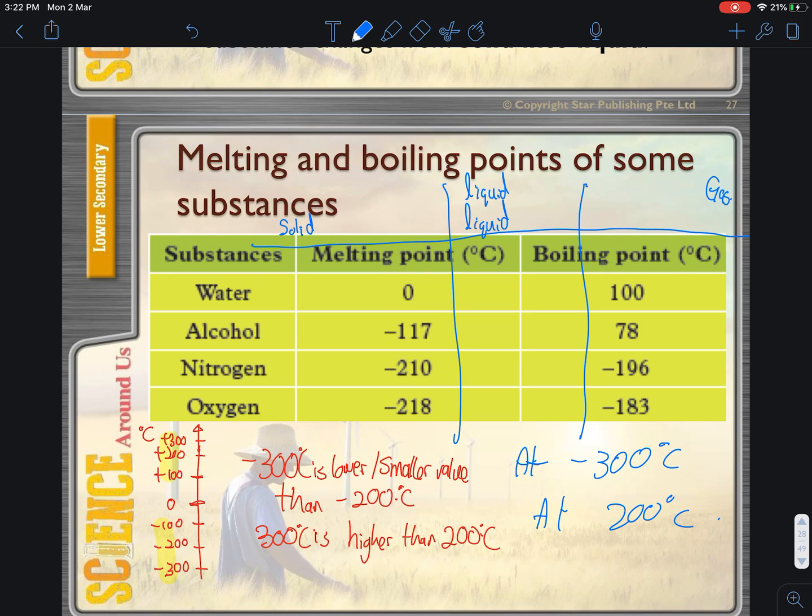So again, the practice comes into play. At minus 300, it's here, here, here, and here. This shows that at minus 300, all are solids. If you are looking at 200 degrees Celsius, it'll be here, here, here, here, and they are all gas at 200 degrees Celsius. So these are some common questions that can be tested in any form of examinations.